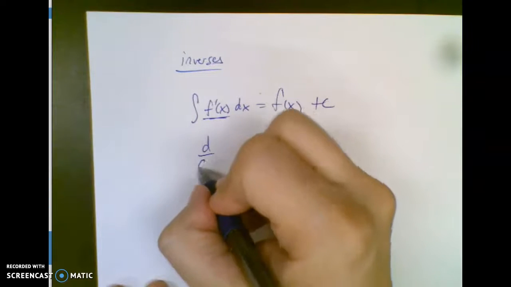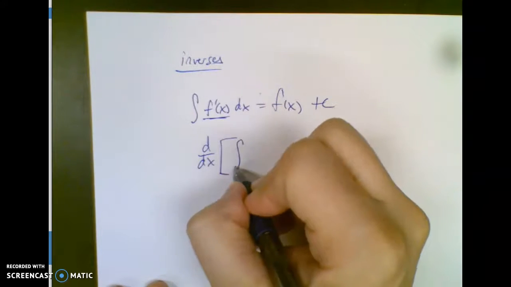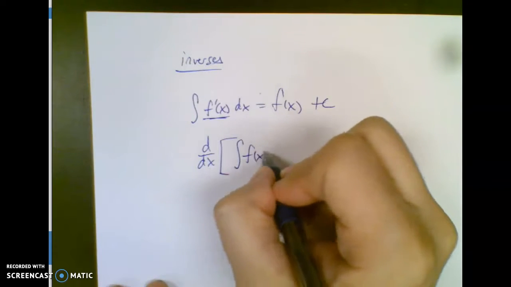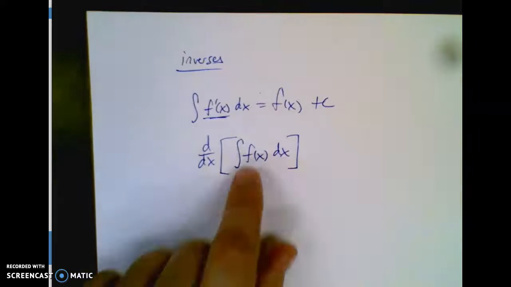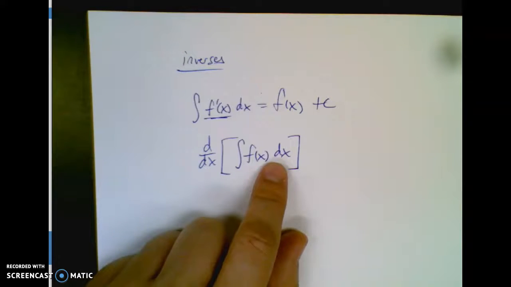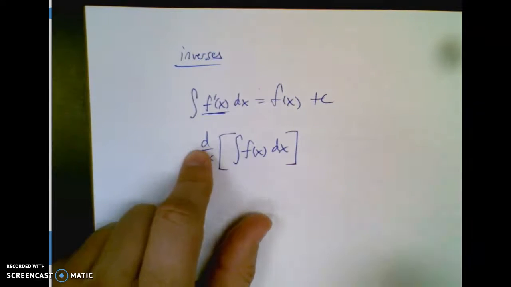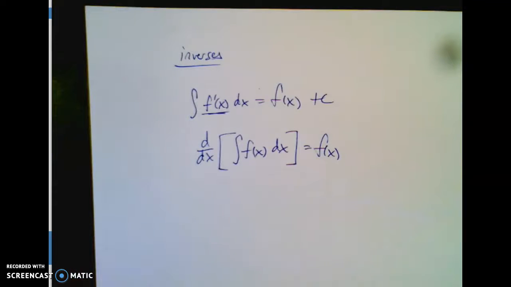The other way around is, what if I took the derivative of an integral? So here I would get a capital F of x plus c, and then I take its derivative. Well, the c would go back away, and you get the original function again. So this just says it actually does work like an inverse.